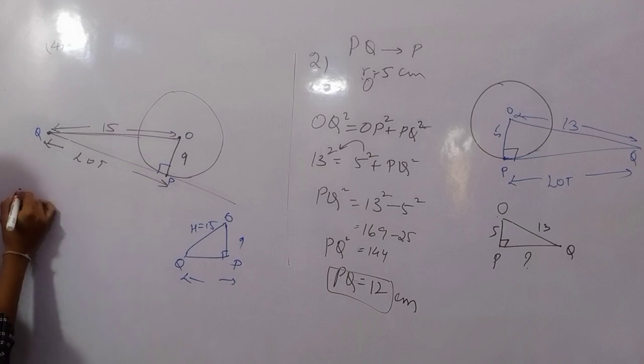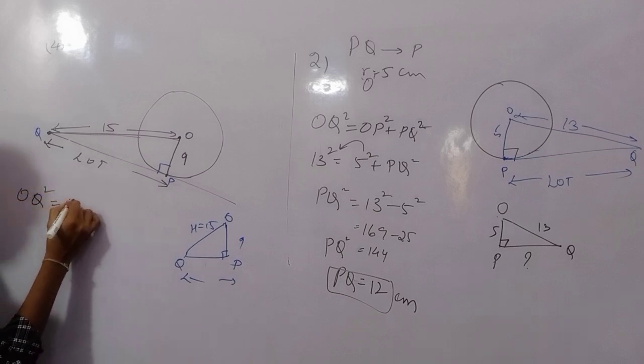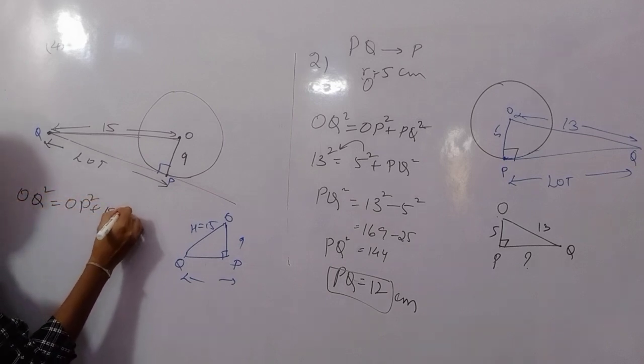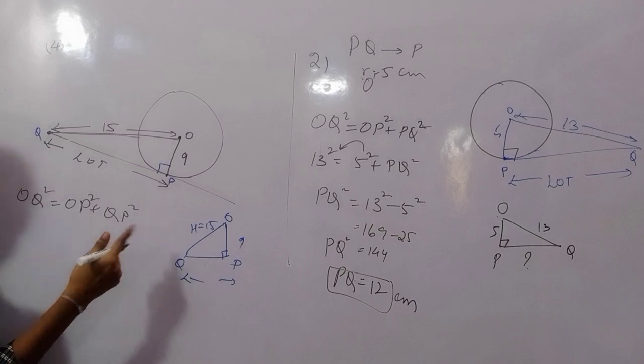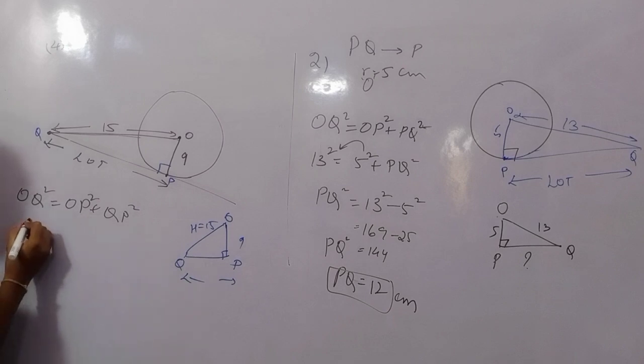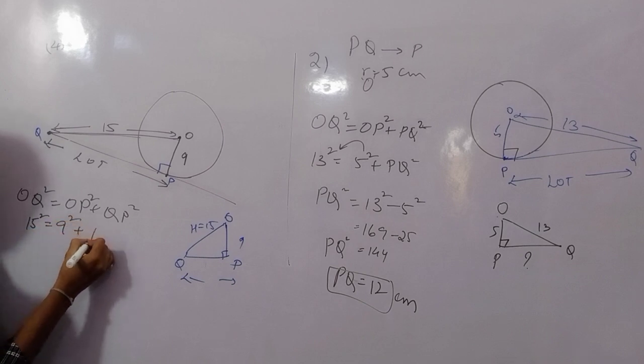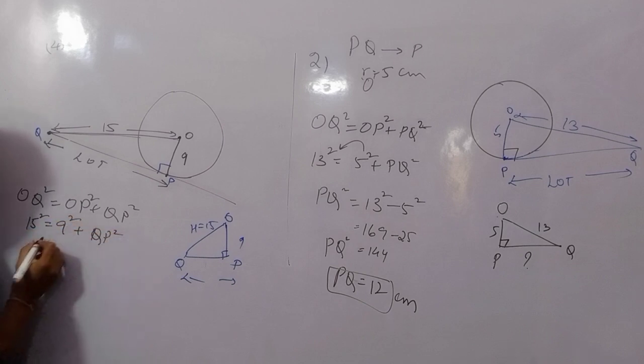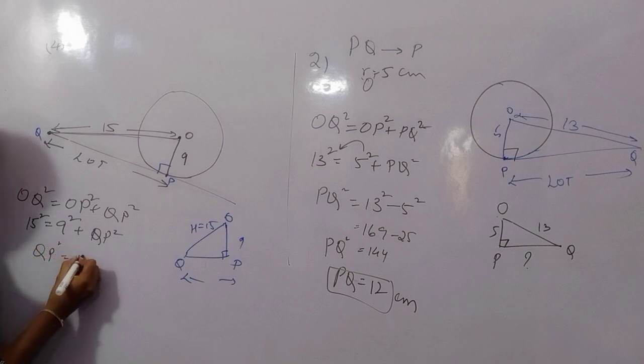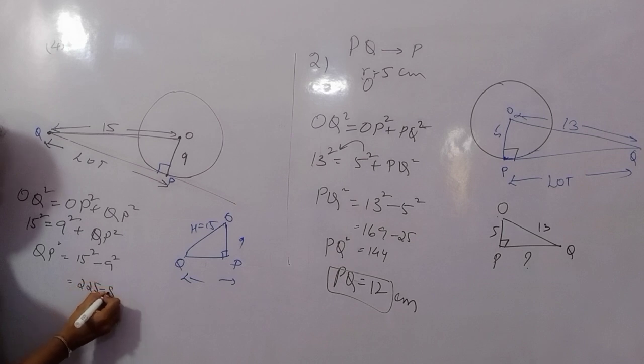I know OQ square is equal to OP square plus QP square. Hypotenuse square is the sum of the squares of the other two sides. Hypotenuse is 15. 15 square is equal to 9 square plus QP square. So QP square is 15 square minus 9 square, or 225 minus 81.